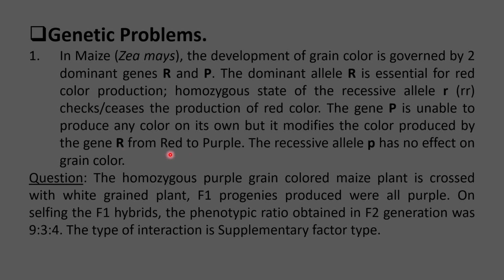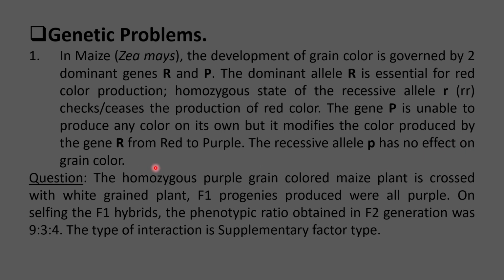So whenever there is a dominant R, red color of the grain is produced here. And whenever gene P adds on to gene R, the red produced from gene R gets converted into purple color, as gene P has an influence on it. And the recessive allele P has no effect on the grain color.